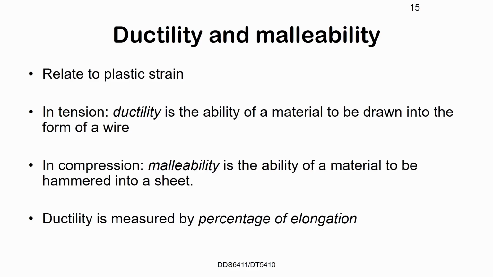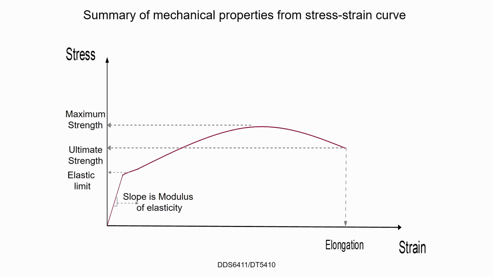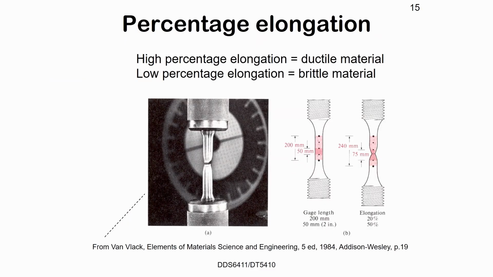And both of these are measured by percentage of deformation. So I have already shown you what elongation is. That's the strain at the point of breaking. In practice, you have to define some sort of gauge length in your dog bone specimen.